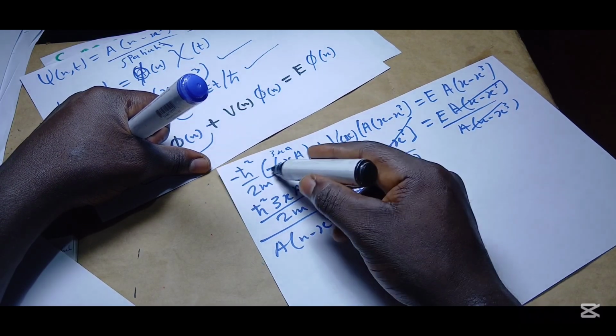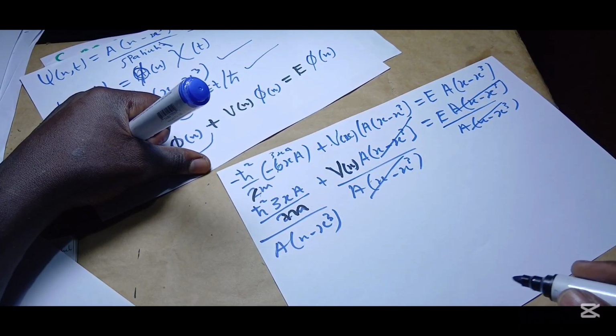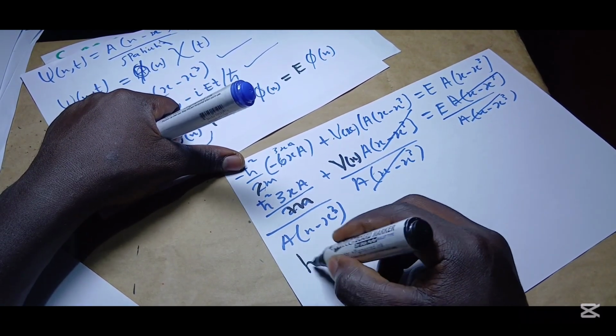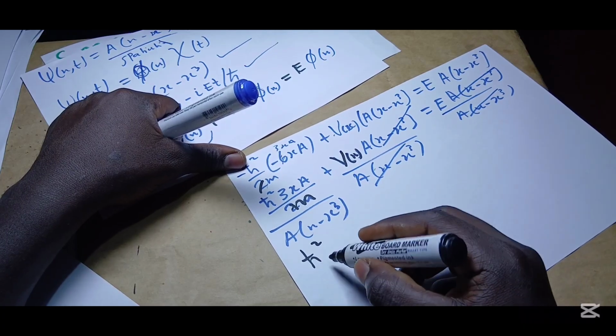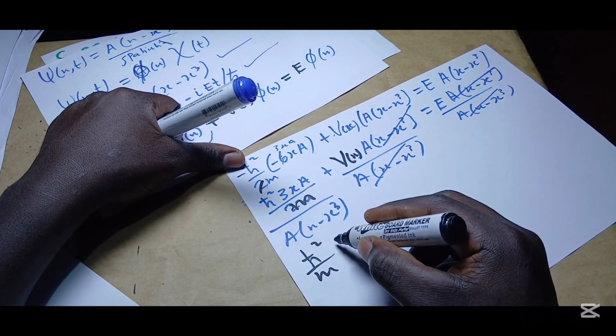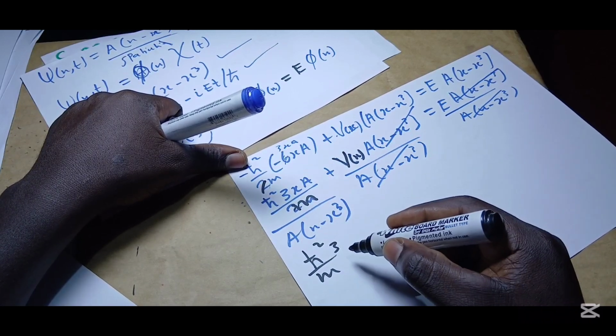we've already cancelled this 2 here to give us 3, so there's no need to write 2 here again. This place becomes m. So we are going to get h cross squared over m. Here we have 3. A is definitely going to take care of A there.